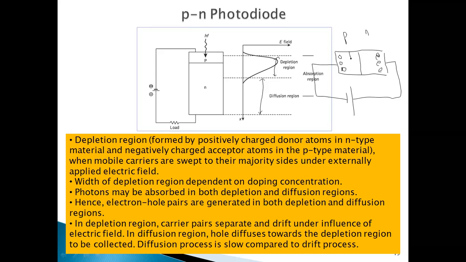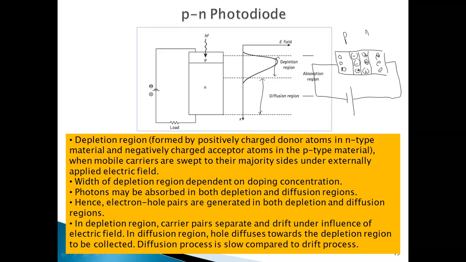So at this depletion region, for the N material, we're going to have a positive charge, which is basically a positive charge of donor atoms. Whereas for the P material, you're going to have a negative charge of acceptor atoms.